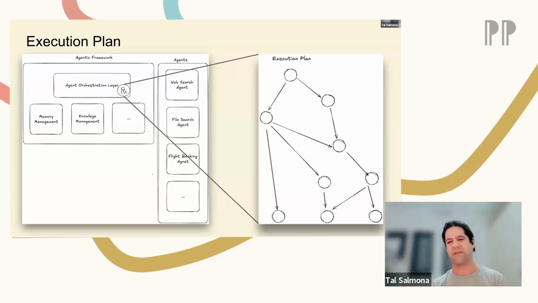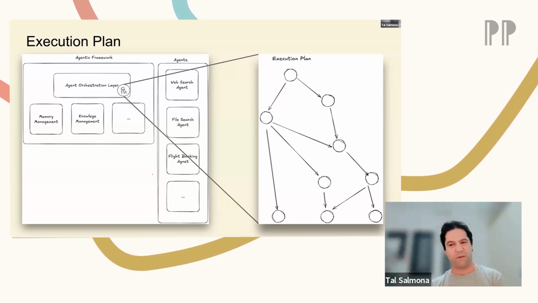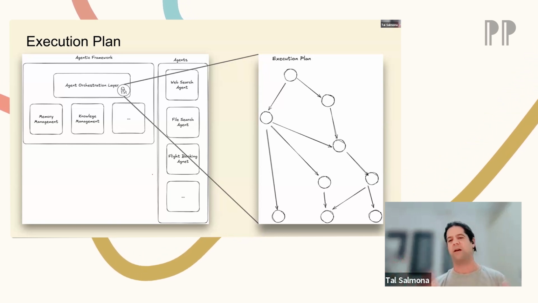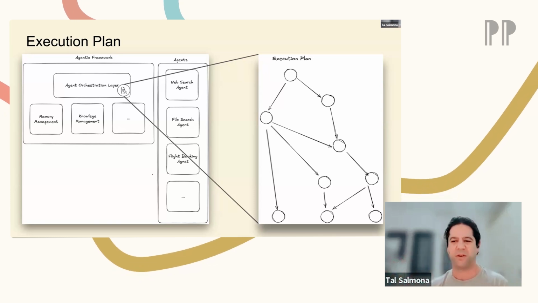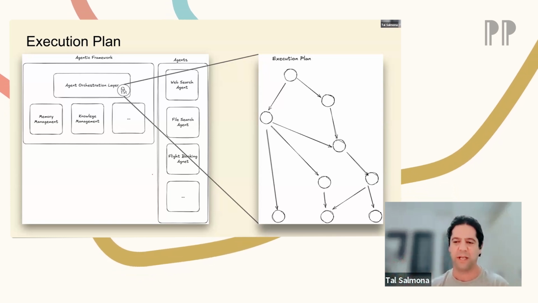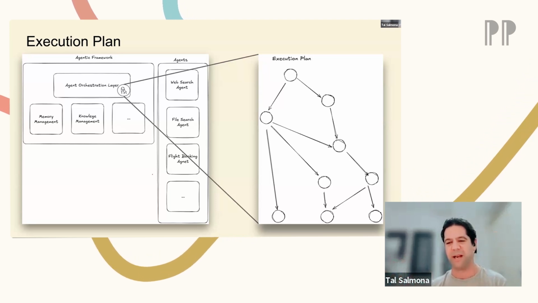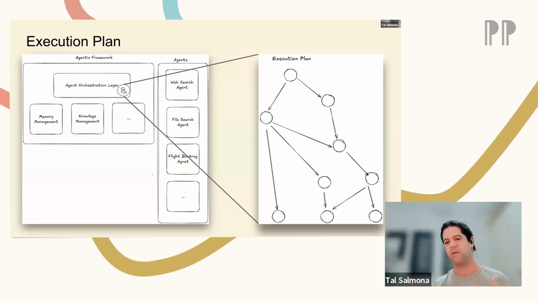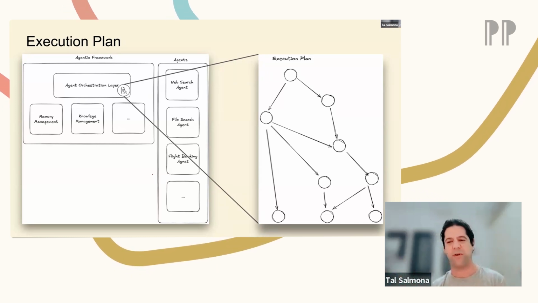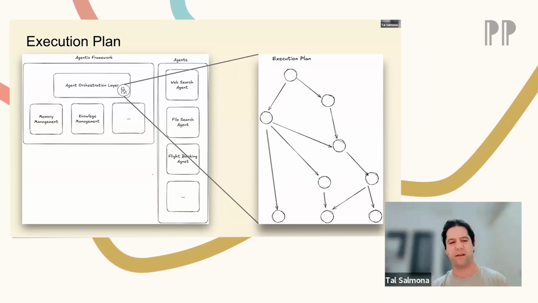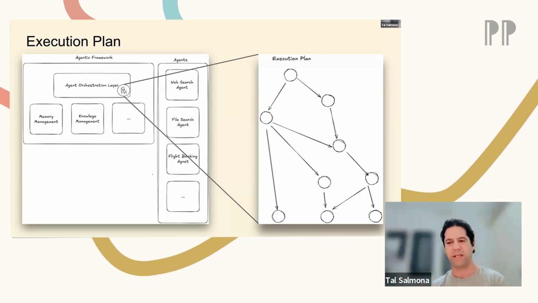The graph will be very, very static. But it can be built with an LLM, meaning that the execution plan can vary based on what the LLM understands. And it can also be built dynamically. So based on what the agent replied and what is added to the shared memory, the orchestration layer will choose the right next step.